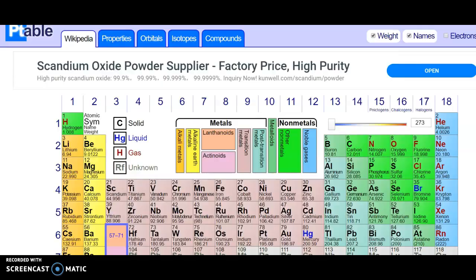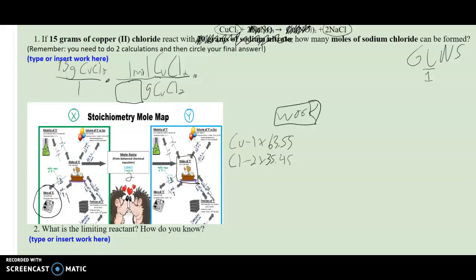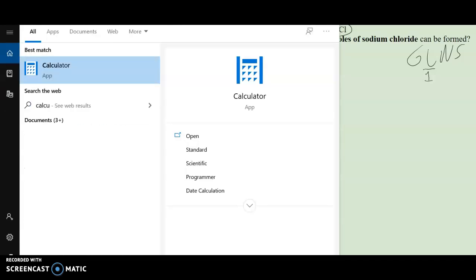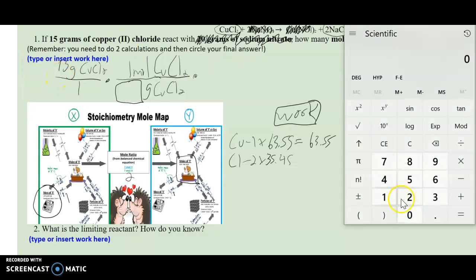Did I get that right? Yep, just double checking. Alright, so that equals 63.55, and I don't know what that is, so let me get my calculator. Great. And figure out what is 2 times 35.45. Great, I'm going to get a number, 70.9.